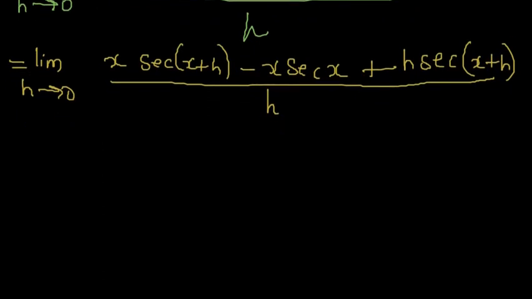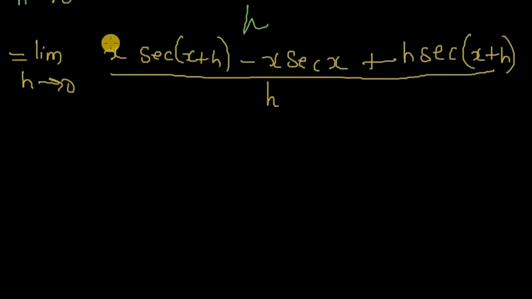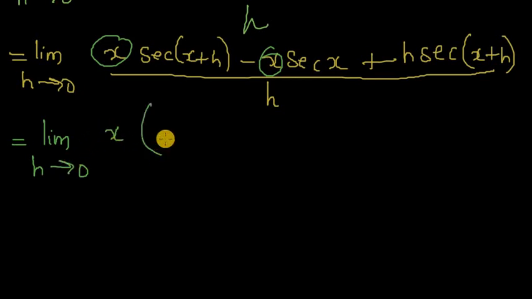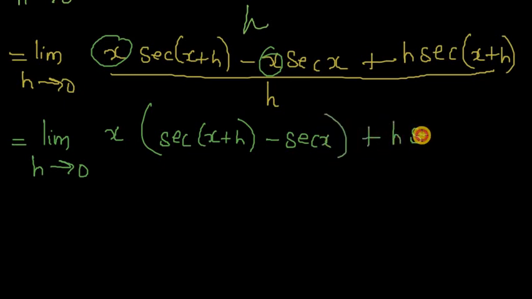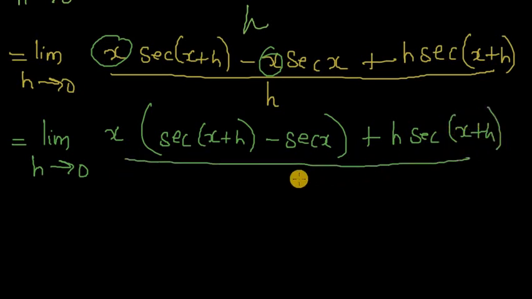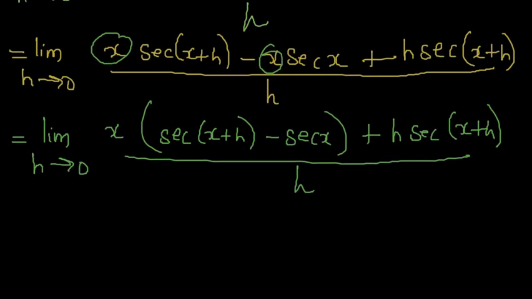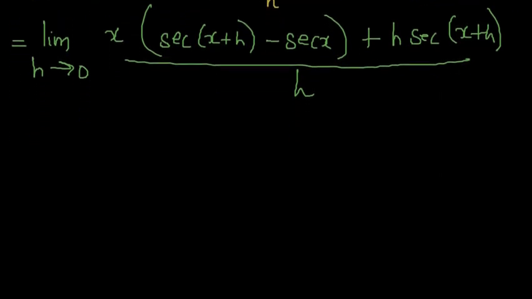Now the numerator, if you see, I have got a common factor x. So you can write this as limit h tending to 0 of x into sec of x plus h minus sec x, plus h into sec of x plus h, whole thing divided by h. Now we know that sec theta is 1 upon cos theta.